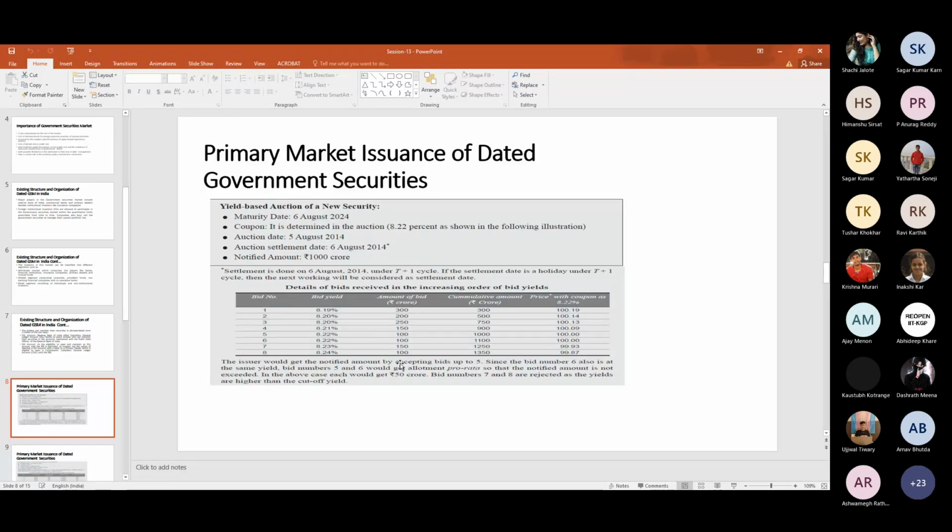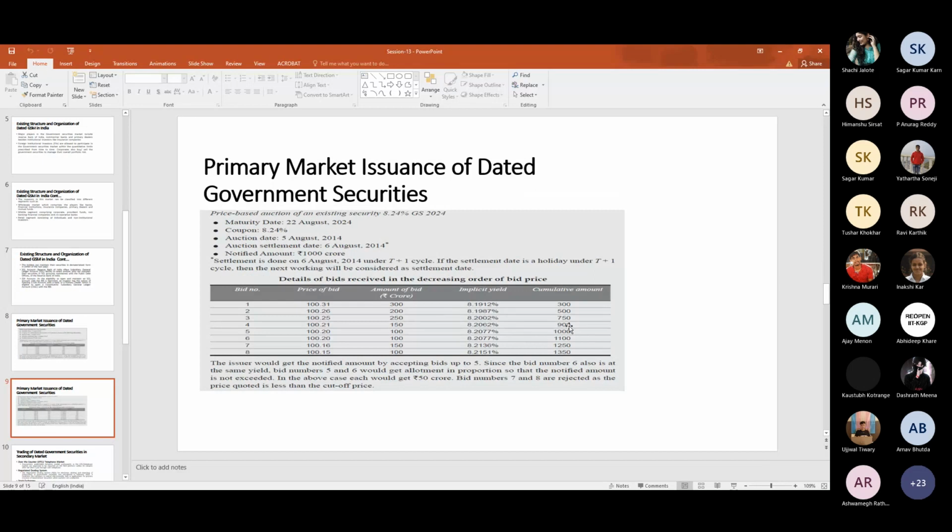The same holds for the price-based auction, but the only difference is that in the price-based auction the bids are arranged in descending order. Accordingly, other processes are more or less the same. So we should not discuss much about this, because it is the same process we follow for treasury bills, and the same can be followed for government dated securities also.